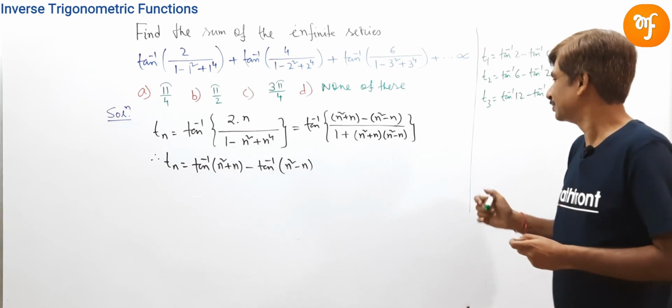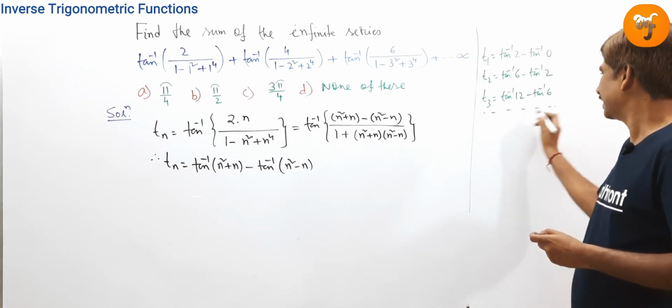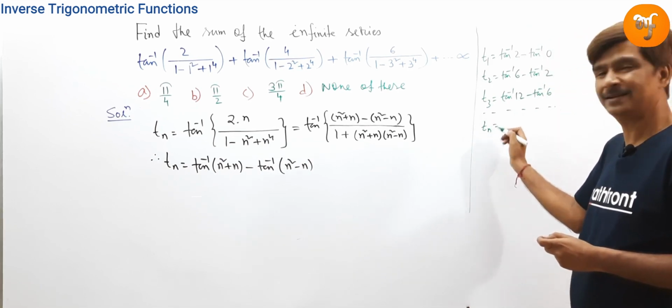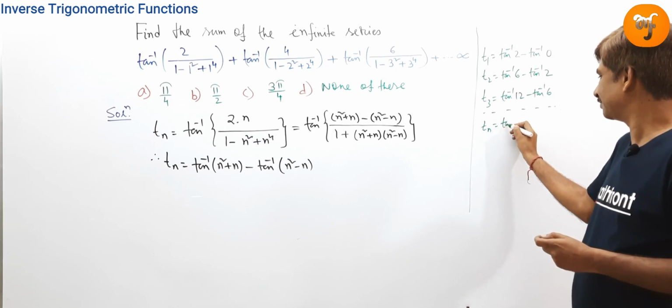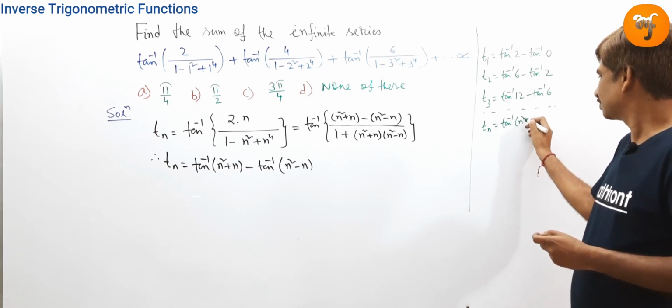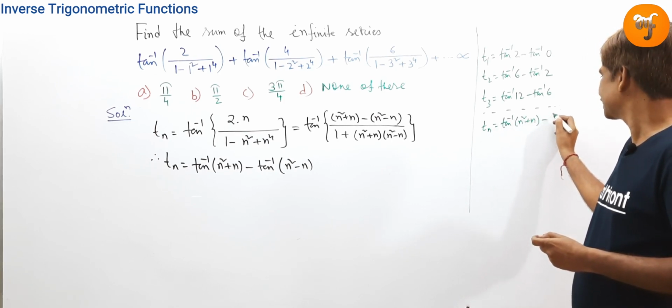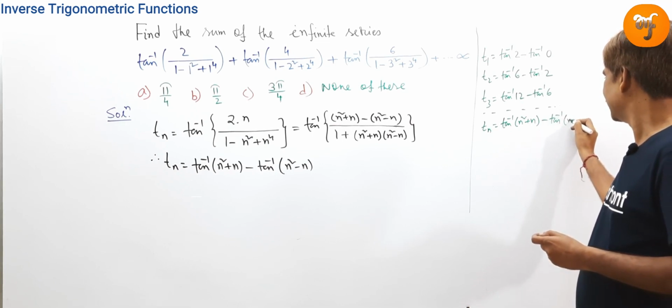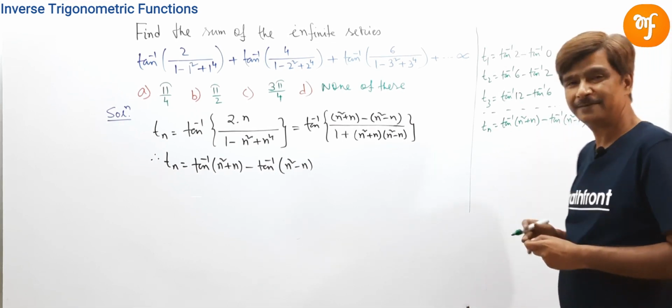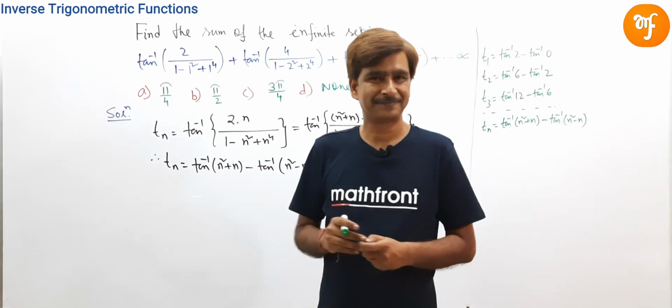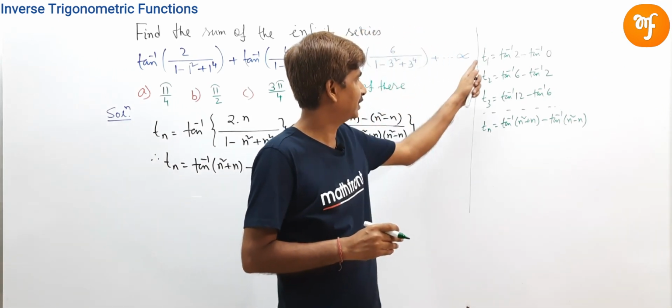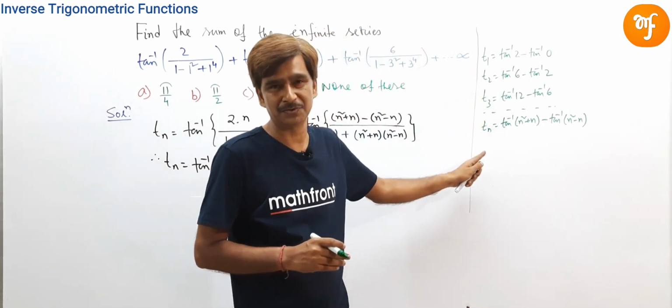Okay. So, in this way, finally we will put Tn, and Tn is tan inverse of n square plus n minus tan inverse of n square minus n. Look. So, we write T1, T2, T3 in this way, up to Tn.